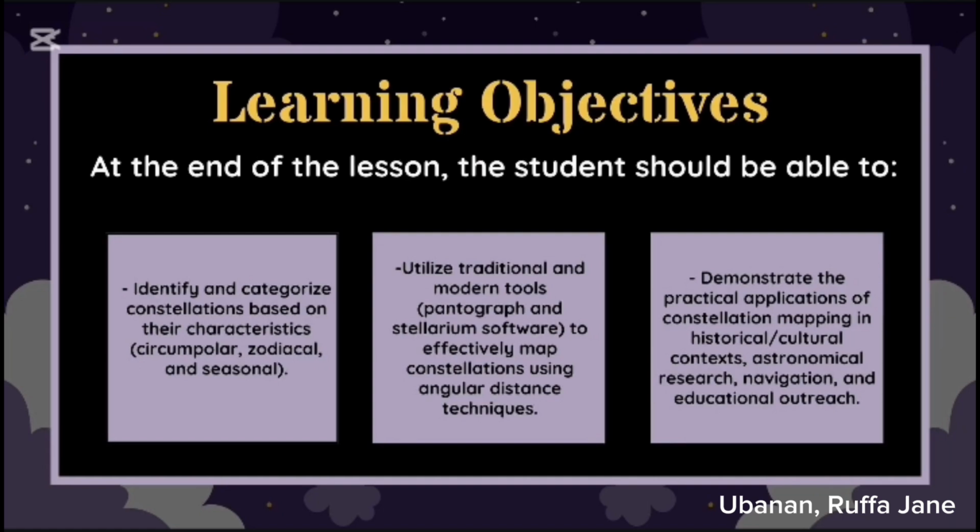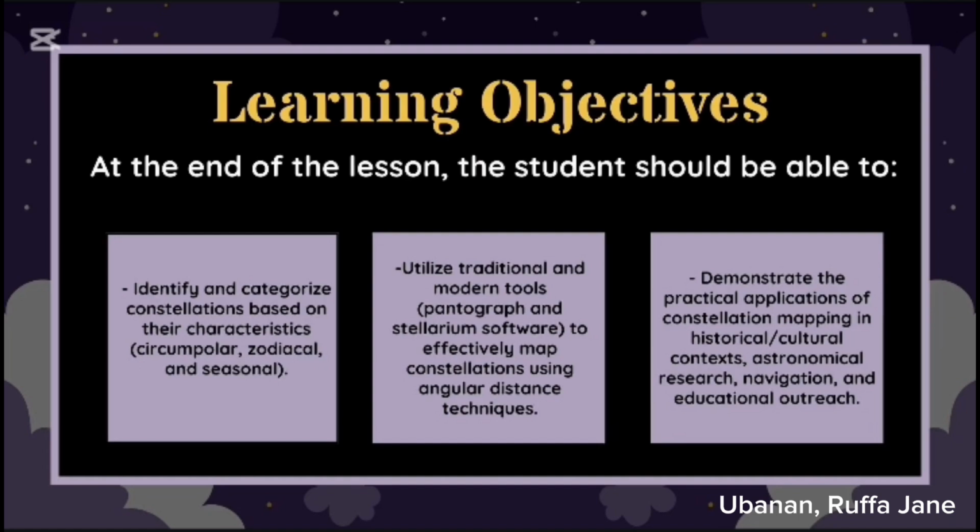Second is utilize traditional and modern tools like pantograph and Stellarium software to effectively map constellations using angular distance techniques. And lastly, demonstrate the practical applications of constellation mapping in historical or cultural contexts, astronomical research, navigation, and educational outreach.